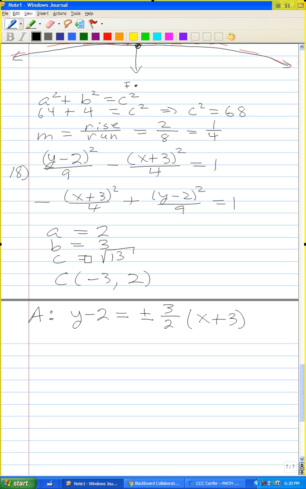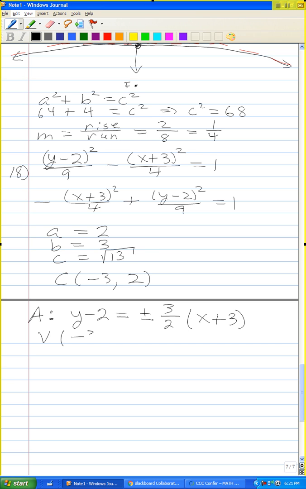The vertices are at, well, since the plus is in front of the y term, we're going to be adding and subtracting to the y coordinate.